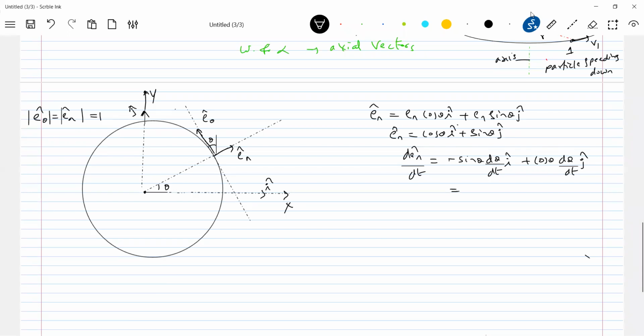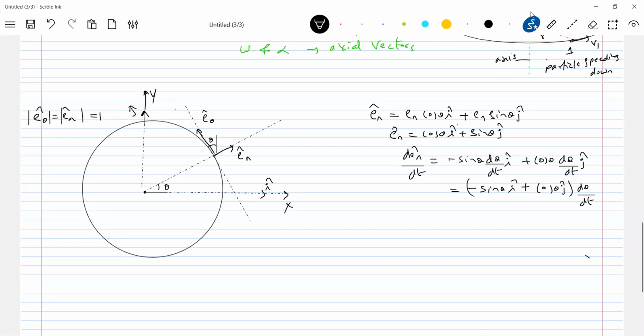If d theta by dt I take outside, this will be minus sin theta i cap plus cos theta j cap, times d theta by dt. So what is this, minus sin theta i cap plus cos theta j cap?